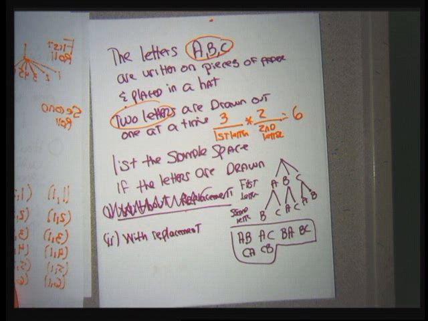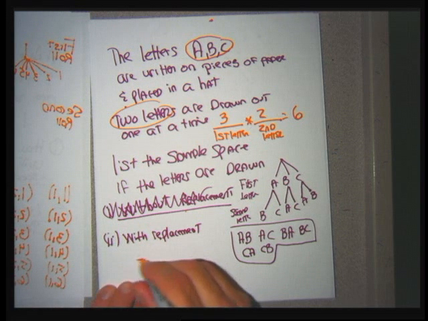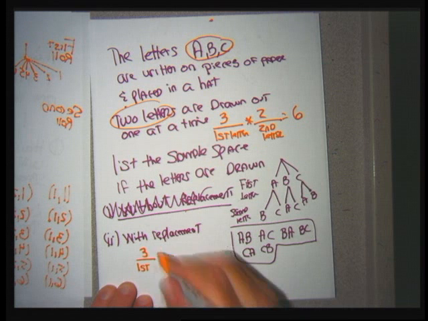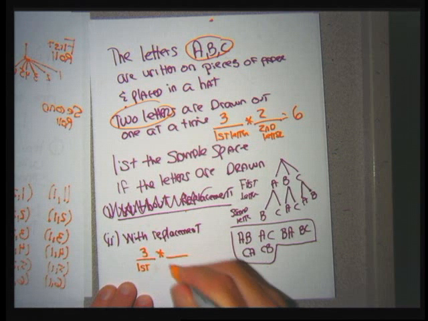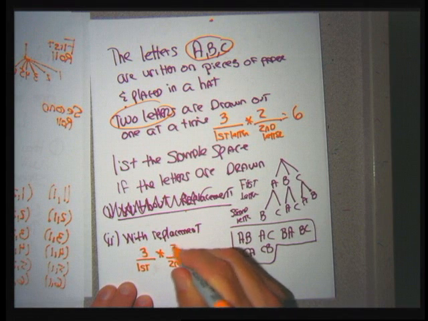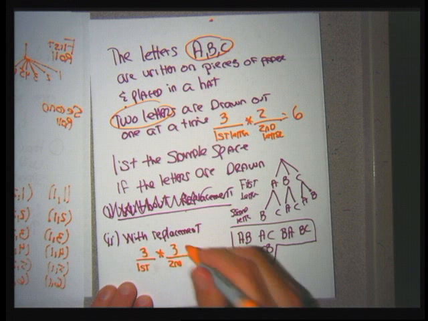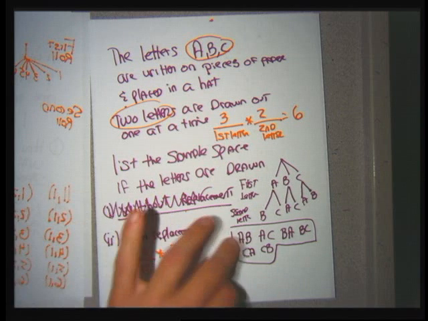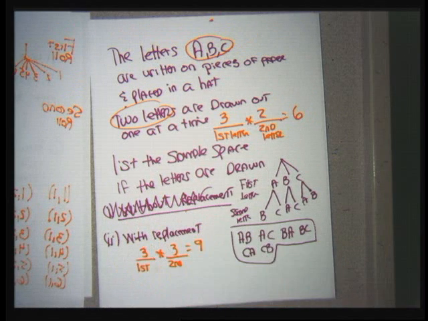If I want to list the sample space, it's nice to know how many things might be in the sample space, and for this particular experiment, there were 3 letters I could get for my first choice. I'm putting the letter back in that I pick, and there's all 3 letters to choose from the second choice. So my sample space is going to have 9 as opposed to 6. So without replacement, you couldn't get a double A, a double B, or a double C. With replacement, I'll have the doubles that are acceptable.